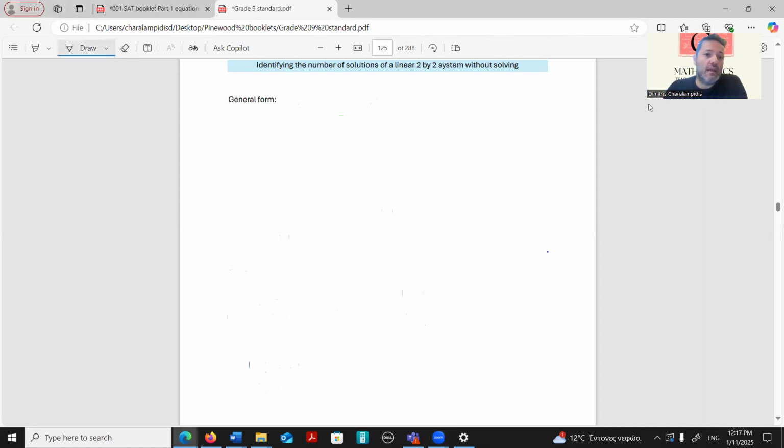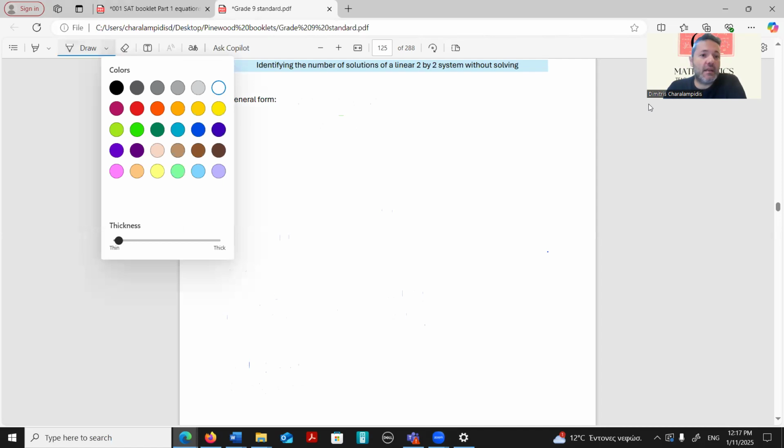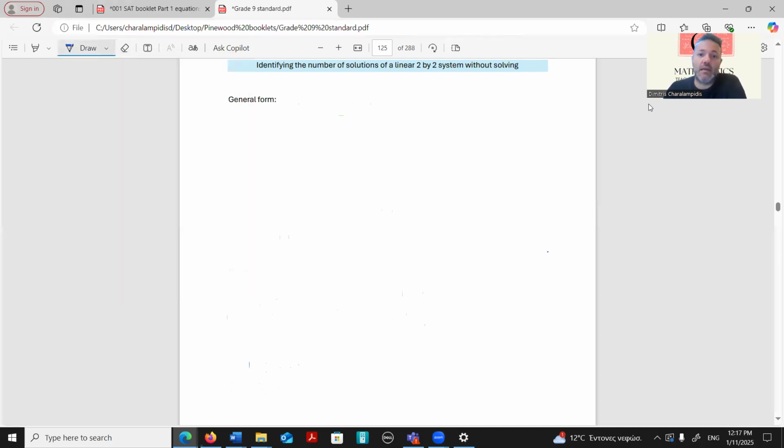To begin with, let's write down the general form of such a 2x2 system. The general form of a linear 2x2 system would be ax plus by equals c and a prime x plus b prime y equals c prime.